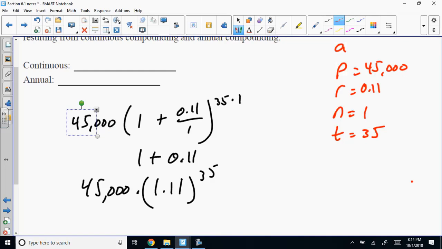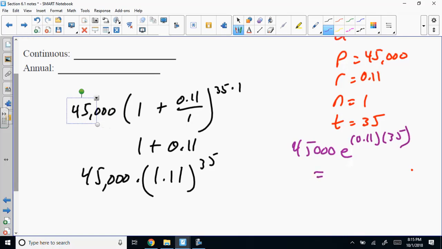If I just wrote 45,000 times 1.11 raised to 35, you wouldn't see how that progresses through. I know it's a little bit more work, but it ties back into what we were doing. So I need a total for that. Then continuous is just what? That would be 45,000 e to the 0.11 times 35, right? So I'll need two totals.